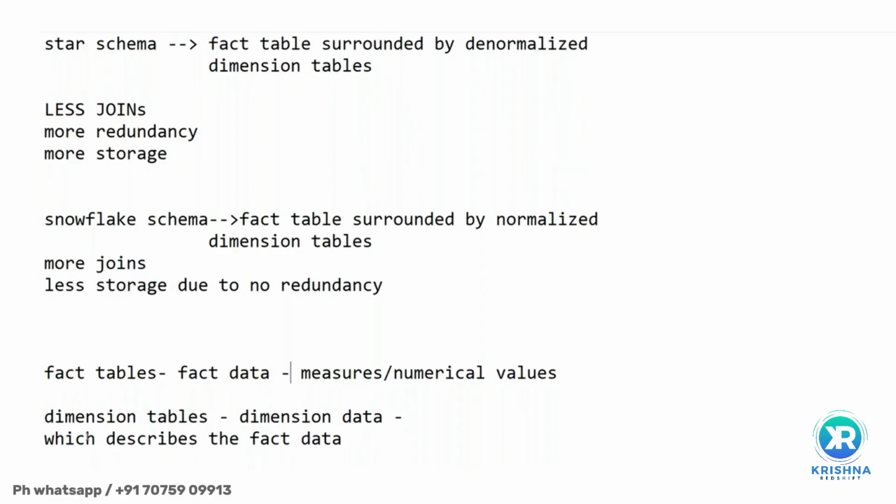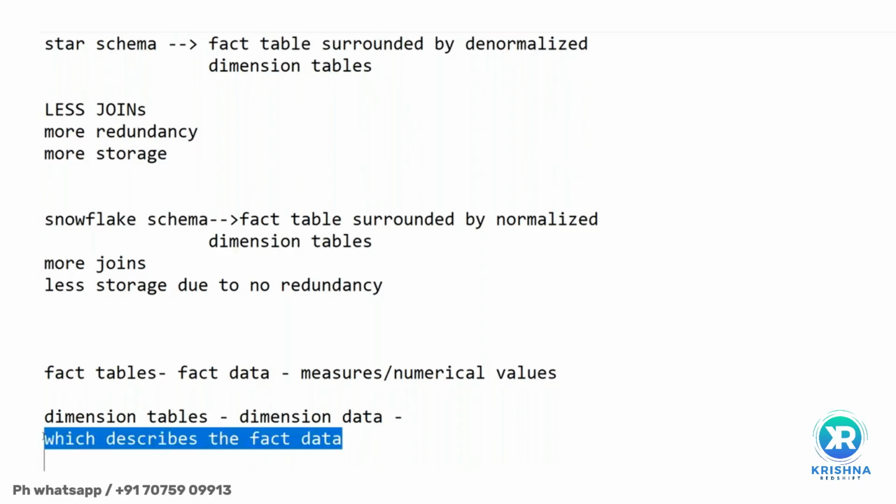But for now, dimension data means the textual or the descriptive data. Color: which color? Colgate color. Manufacturer: who's the manufacturer? The Colgate paste manufacturer or brand. This descriptive data describes the fact data.